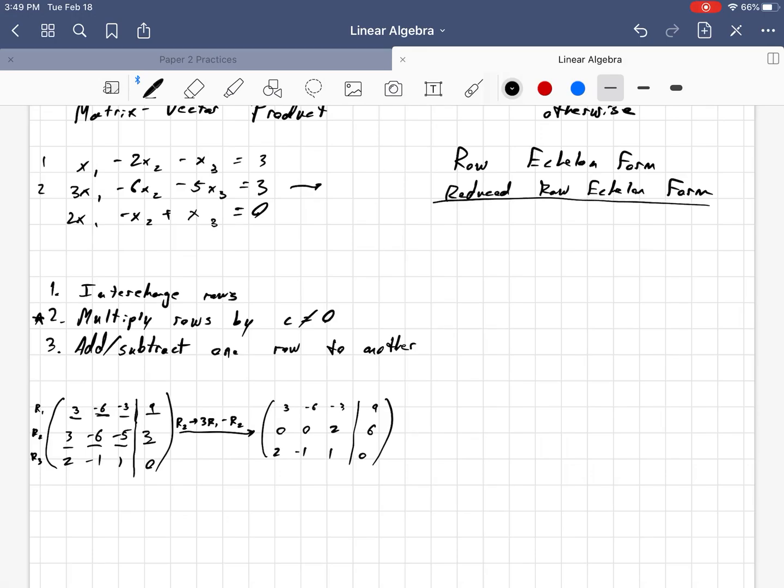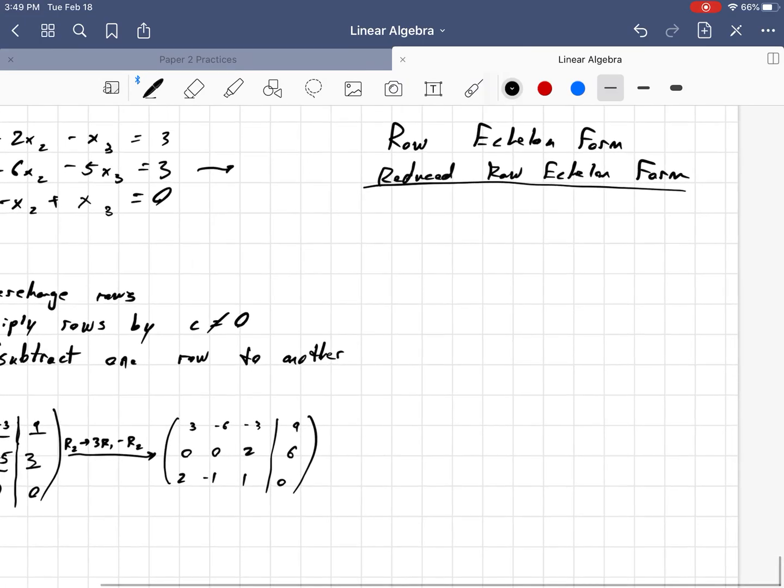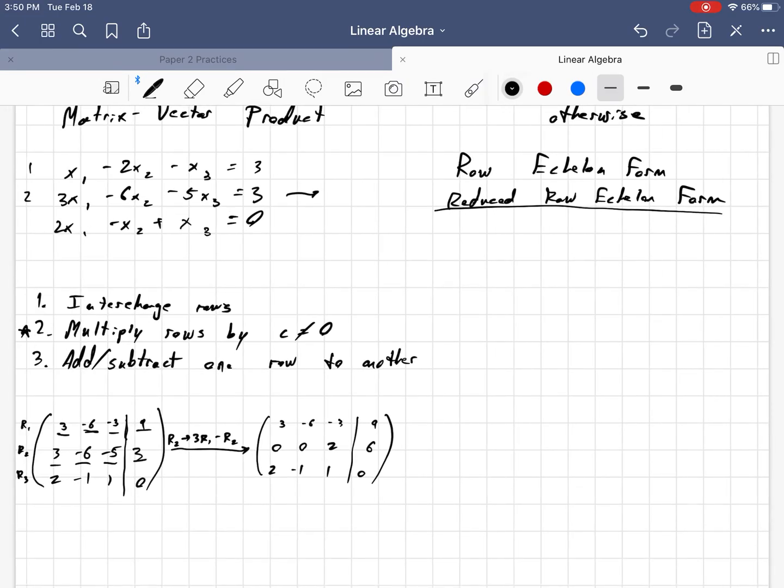Reduced row echelon form is what's nicest here, and later when I talk about Gaussian elimination, it will come up quite a lot. First I'll show what row echelon form looks like.